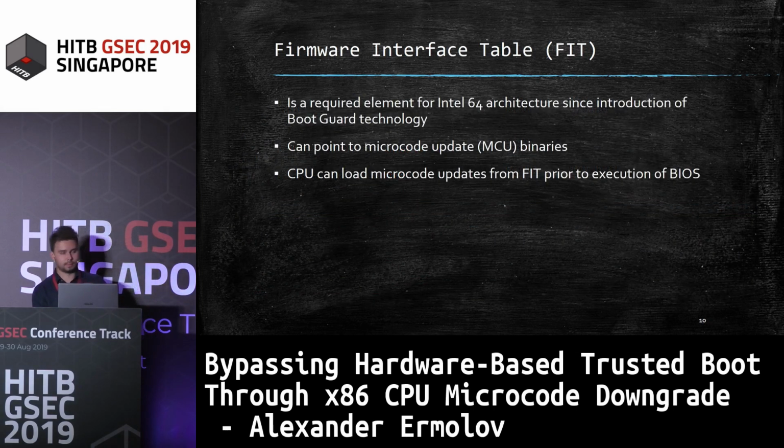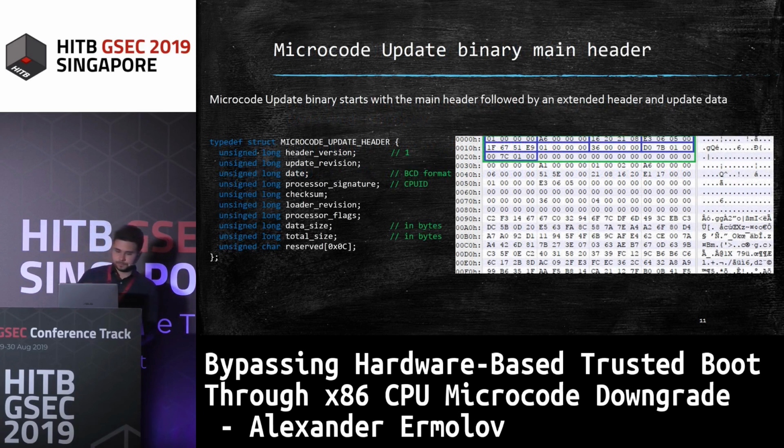Since the introduction of Intel Boot Guard technology, the firmware interface table is a required element. It can point to microcode update binaries, and the CPU can automatically load microcode updates from it. This is done before the execution of the BIOS.